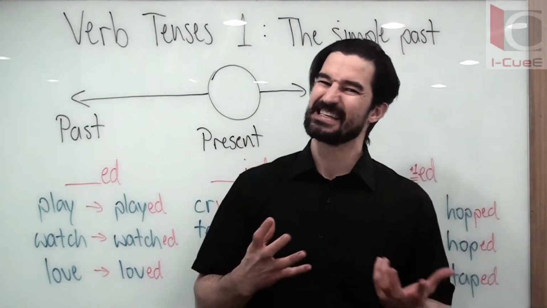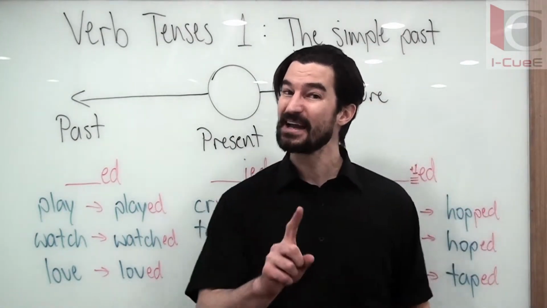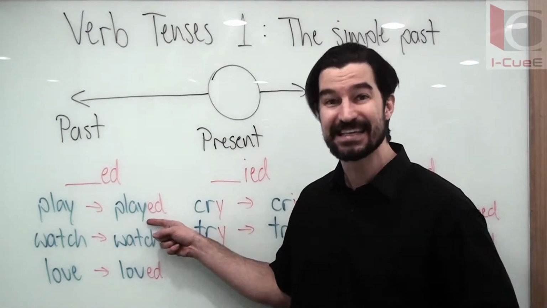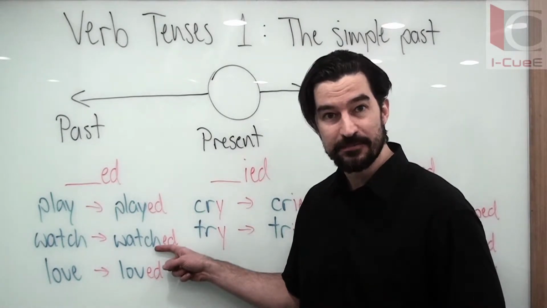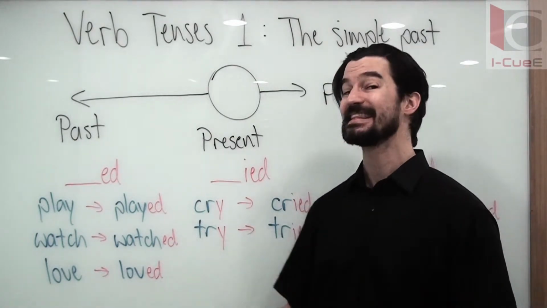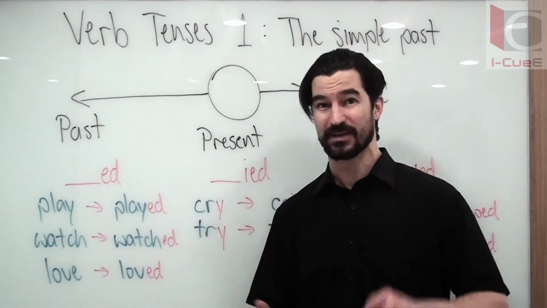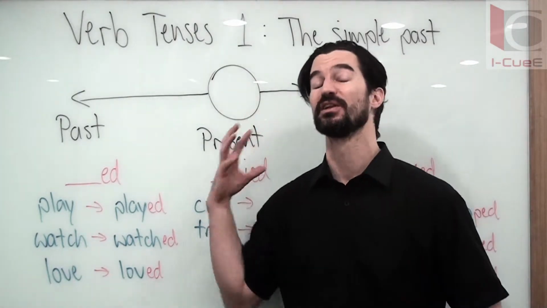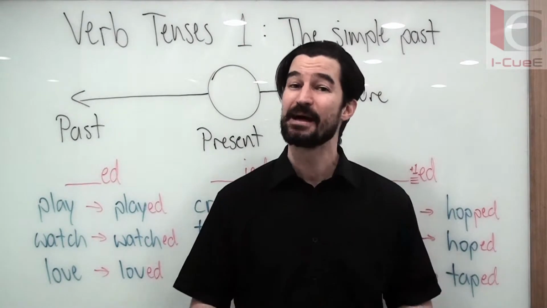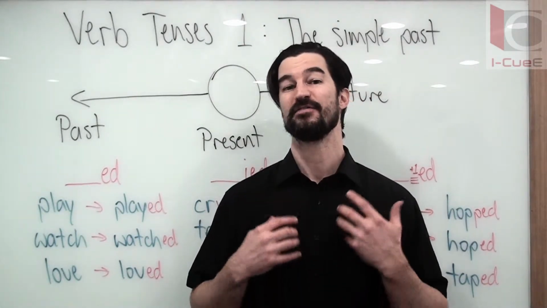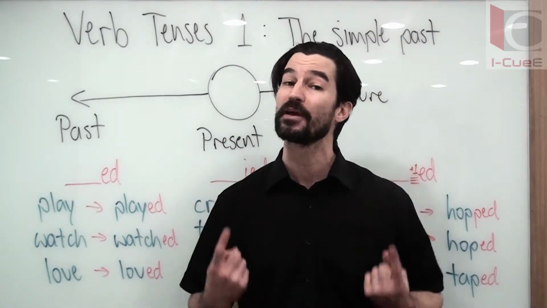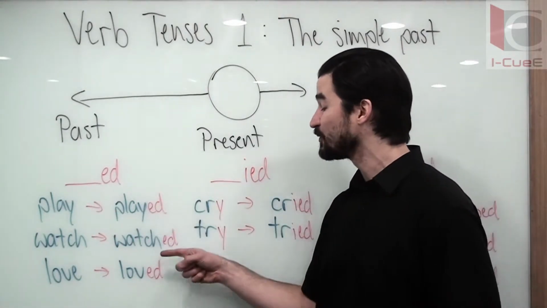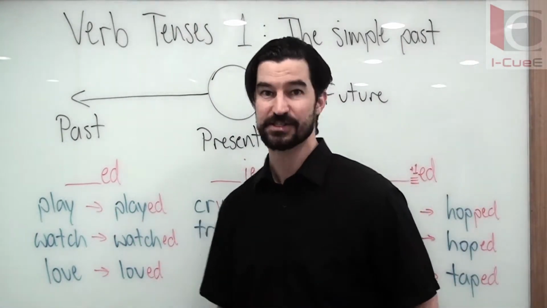Now, this is getting a little nitpicky, but if you notice the difference in sound, played versus watched, sometimes the ed at the end of a word will sound like the letter T. That is something we're not going to go into a lot of detail, but it is something you want to take note of if you really want to practice your spoken fluency. You want to pay attention to how the ed sounds at the end of words.